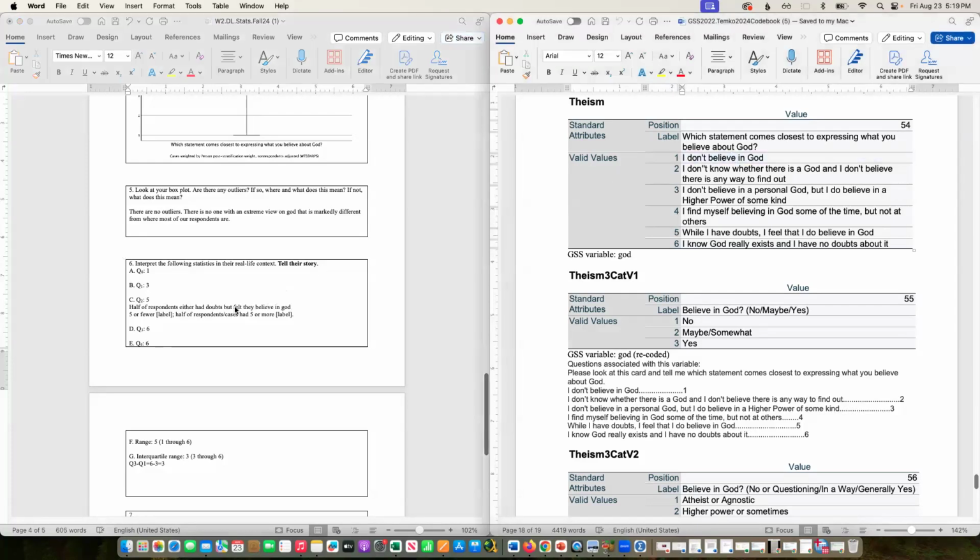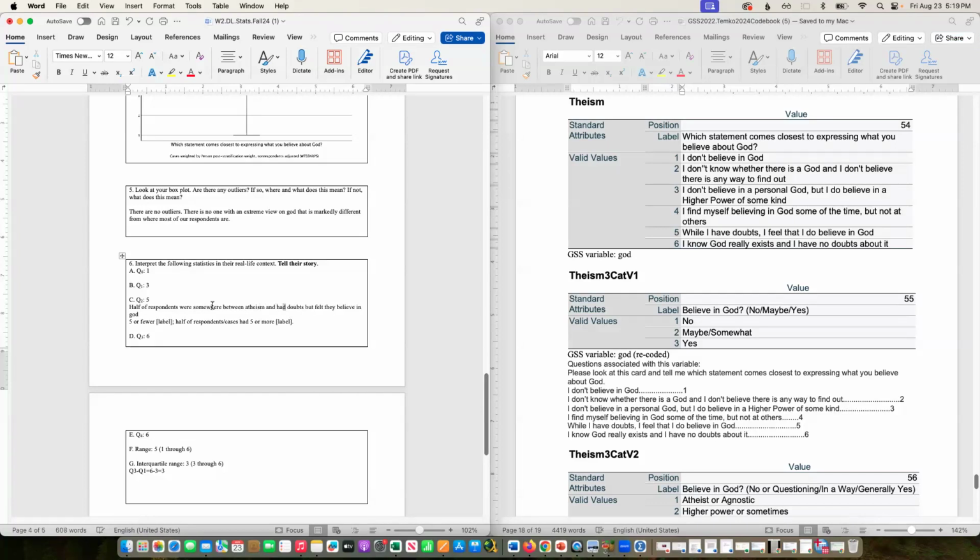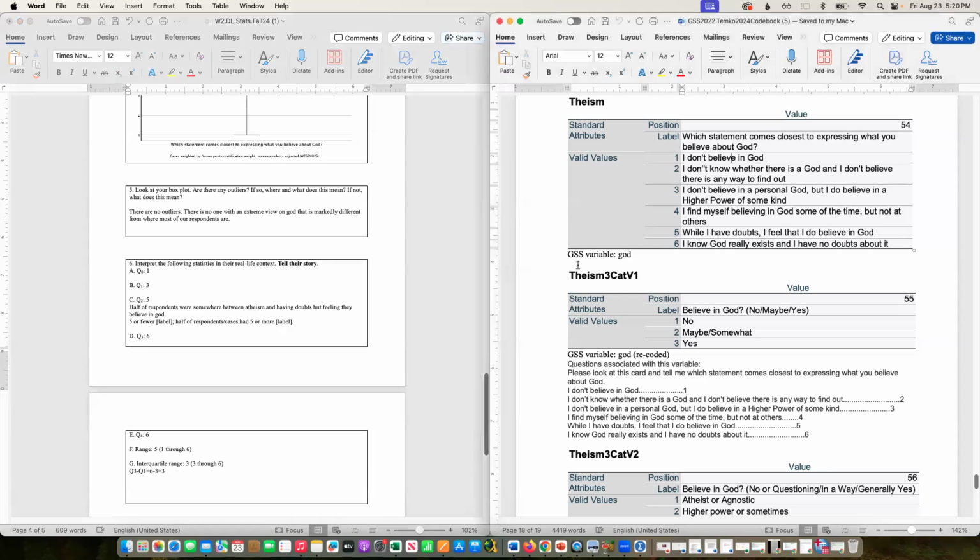They're that or less. So half of respondents were somewhere between atheism, so not believing in God, and having doubts but feeling they believe in God. So that's what it means to be 5 or fewer. We don't know where they are just from the Q2 equaling 5, but we know it can be anywhere from 5 lower.